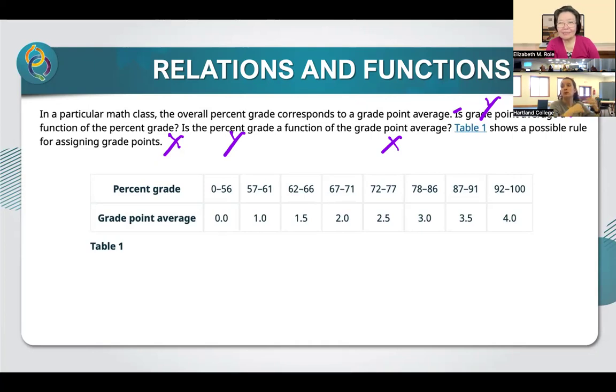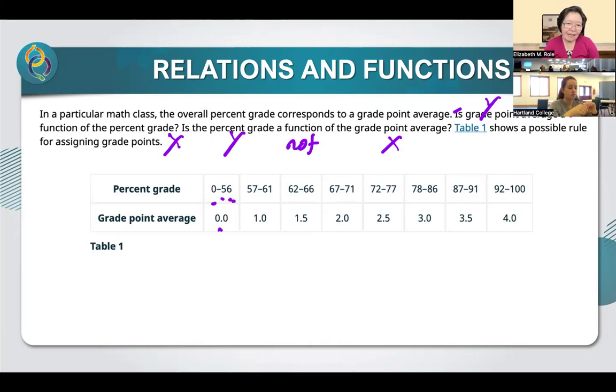What kind is it? One-to-many. All right. In other words, your grade point average is associated with so many percentages. And therefore, the percent grade is not a function of the grade point average. So that's just to help us understand what are relations and what are functions.